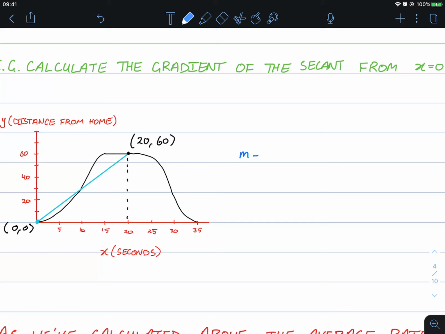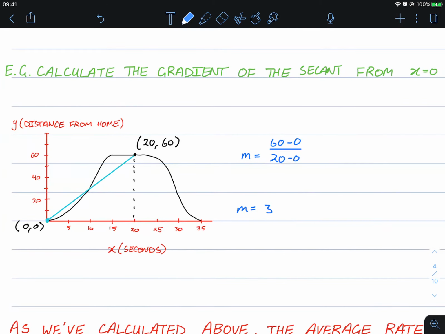So the gradient m is equal to y2, 60, take away y1 of 0, over 20, take away 0. That's x2 minus x1. Well, that's just 60 divided by 20. That's 3. So the rate of change that this car is moving is 3. Let's just say it's 3 meters per second.